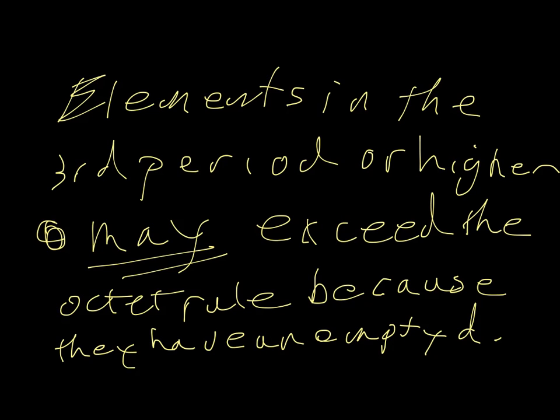Now, this is an exception. This is a rare exception. It usually occurs when the element is bonding to a very small atom that is highly electronegative. In other words, fluorine or chlorine.